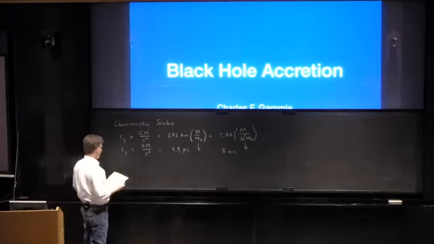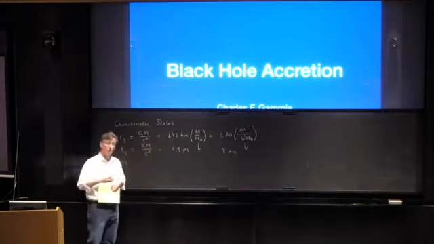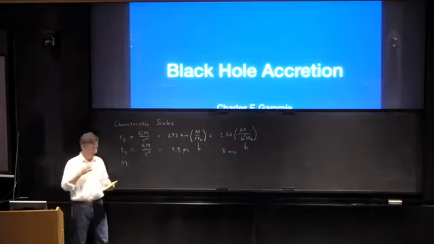Okay, we also want a characteristic scale for the accretion rate, M dot, grams per second, the rate at which material is falling into a black hole. And I think most of you learned at your mother's knee what the Eddington luminosity is, but let me just say this so that we're all on the same page. The idea is to find first a luminosity where the radiative force on a hydrogen, a proton and an electron, is equal to the gravitational force.